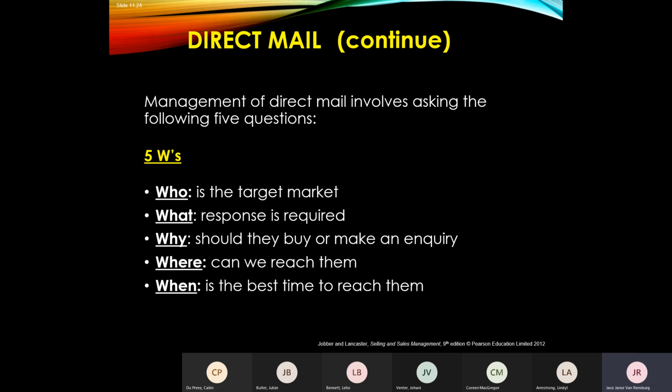Why should they buy from you, or why should they follow up and react to your WhatsApp, for instance, asking if they're interested or not? Where can you reach them? We're busy with that process. What medium suits a particular target audience best, and when is the best time to reach them?